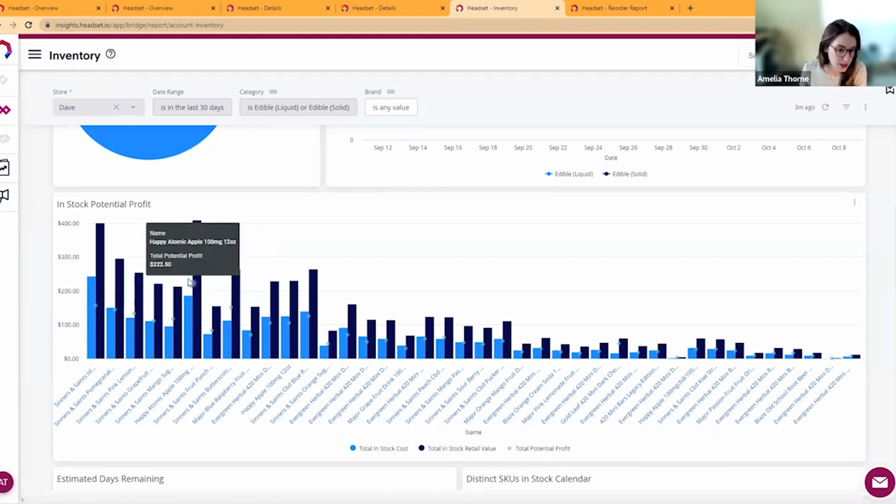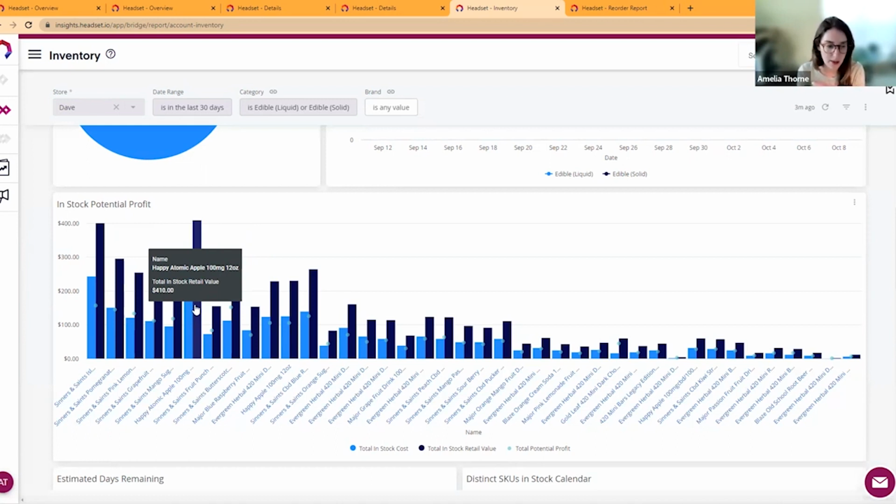Our highest potential profit product is this Happy Atomic Apple. Total potential profit is $222. So this is definitely something we could focus on. Maybe Happy Atomic Apple is a pretty good product at this specific store, and it will be easier to make sure that they sell.